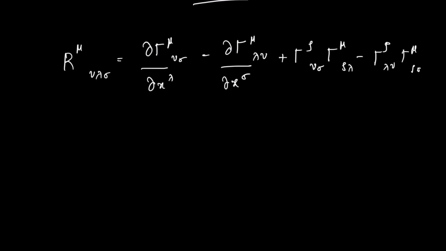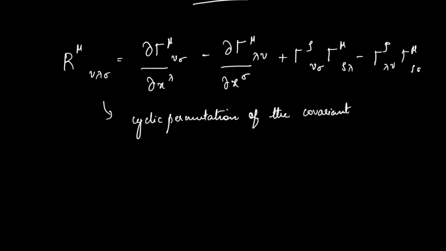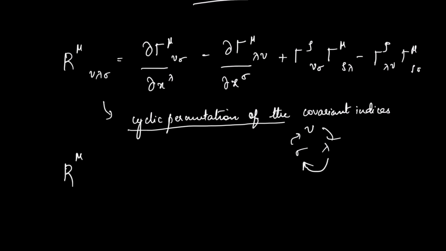Now I am going to do cyclic permutation of the covariant indices. R mu I am keeping as it is. I have nu, lambda and sigma. So sigma will go to nu, nu will go to lambda, lambda will go to sigma. I'm going to do the cyclic permutation of the covariant indices.